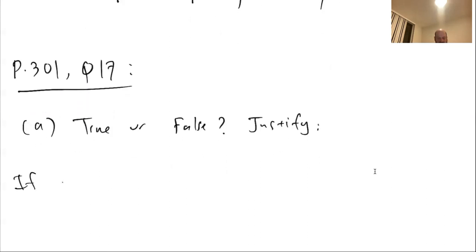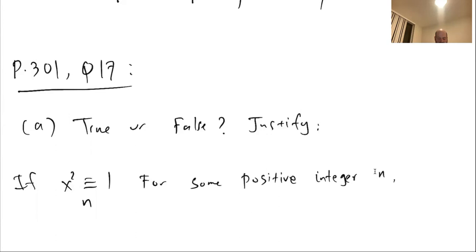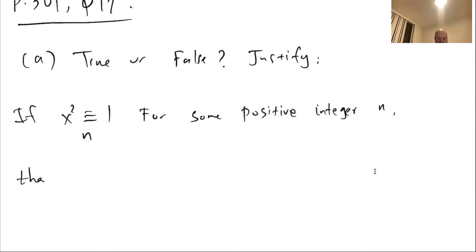If x squared is 1 mod, let's say n, for some positive integer n, then x is 1 mod n or x is minus 1 mod n.